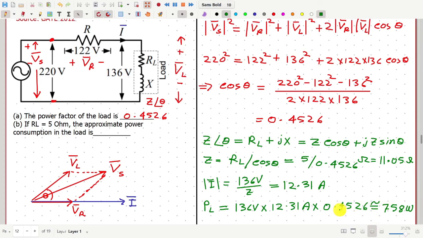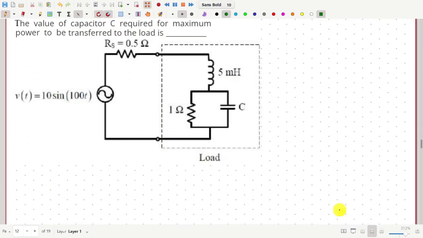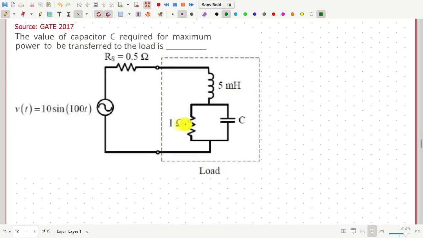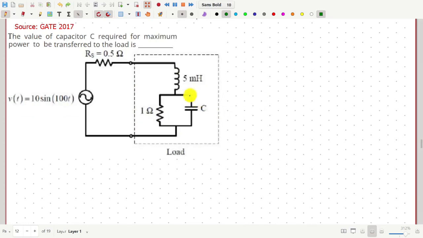Now, next question, which is here. In this circuit, we have to find the value of this capacitor C to get maximum power transferred to the load, this load. Now we want to solve this question without long computations.